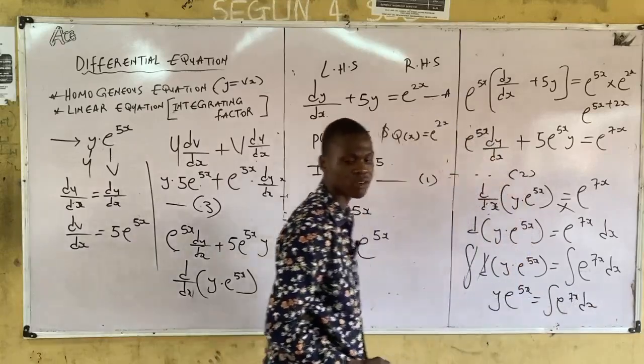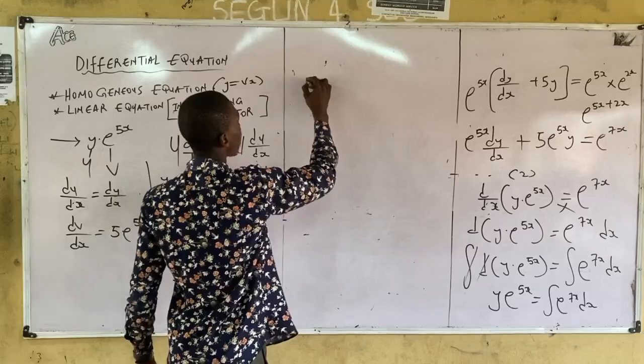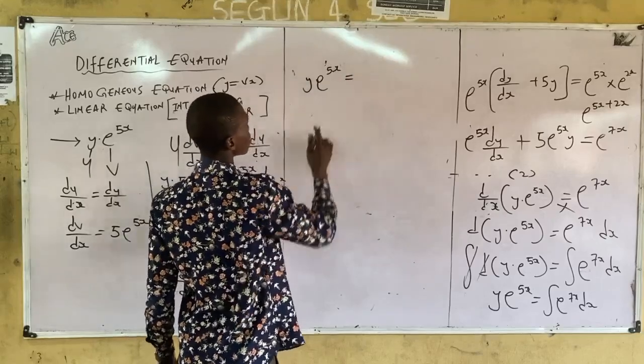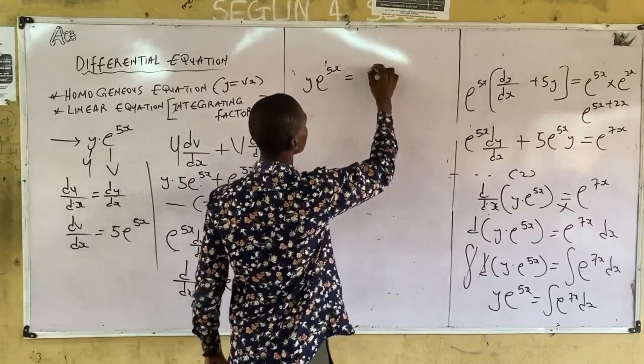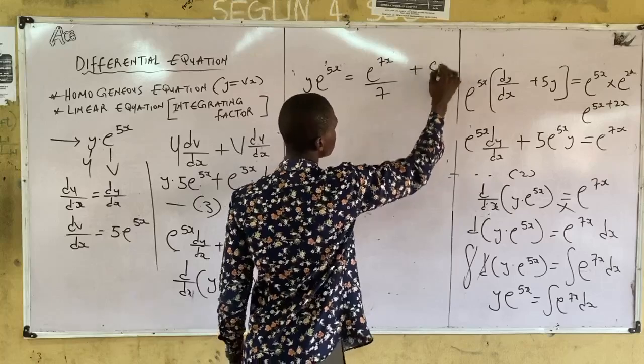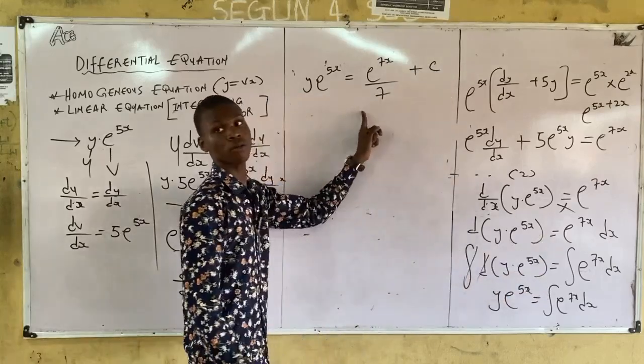Now let's integrate the right-hand side. y exponential 5x equals exponential 7x over 7 plus c. This is what you have when you integrate the right-hand side.